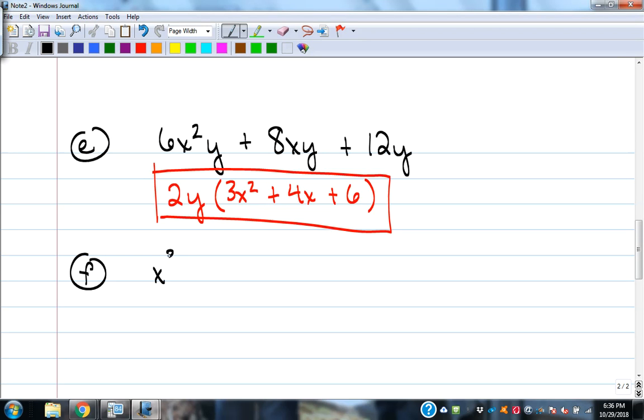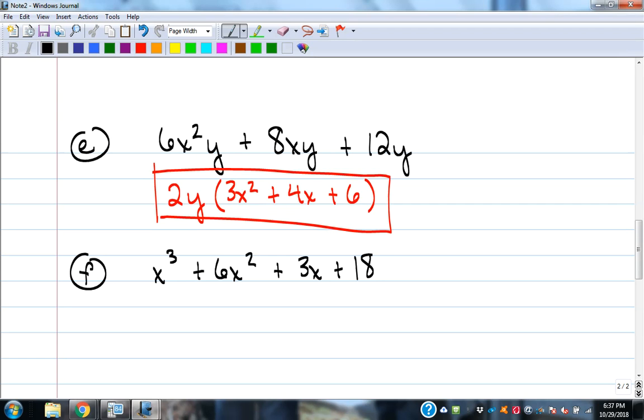x cubed plus 6x squared plus 3x plus 18. All right, in order: x cubed, x squared, plain x, plain number. That's descending order, so it's the right order.